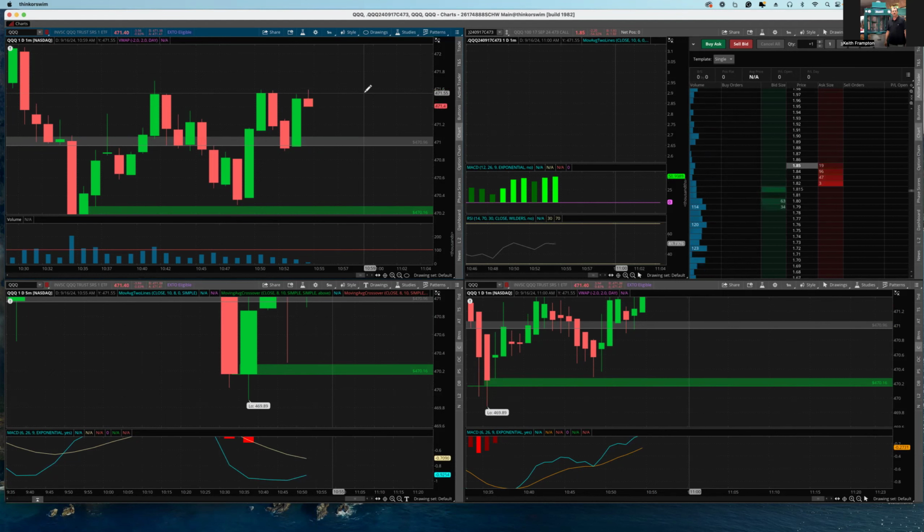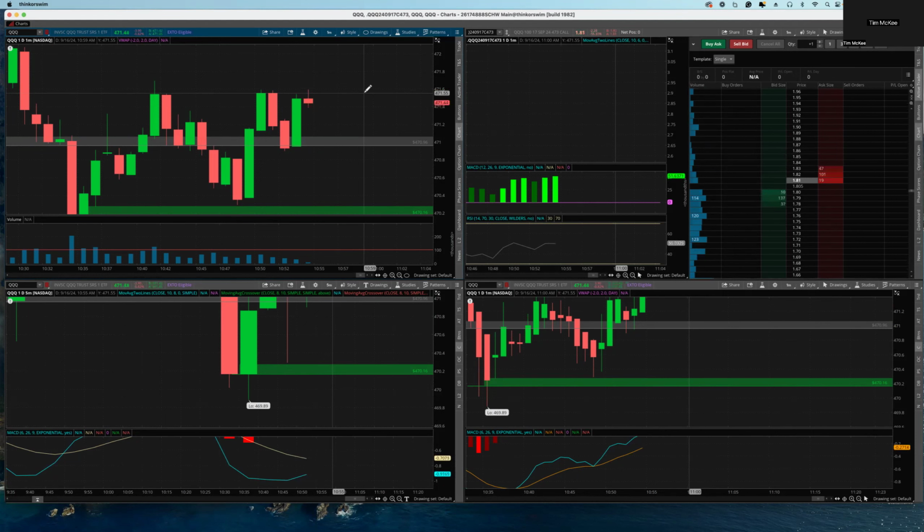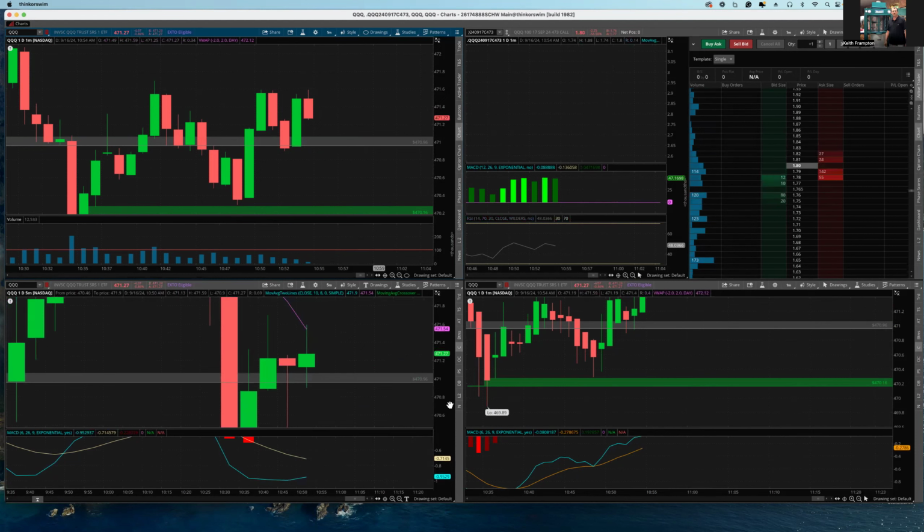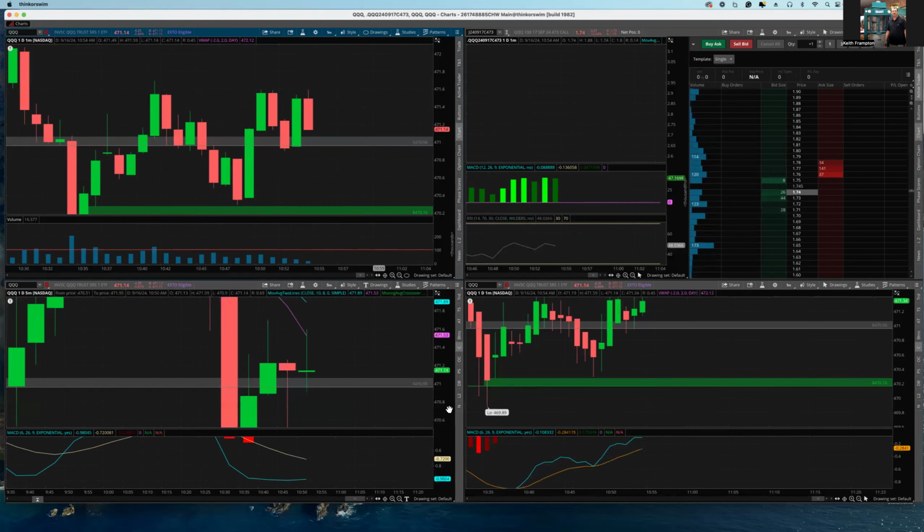No one wants to be the first to step across that line. That's exactly why a lot of times to get across that, you'll see a lot more volume. The market maker will throw some volume in there to actually get it across that point. But look at that again.